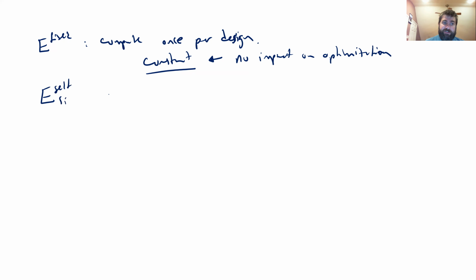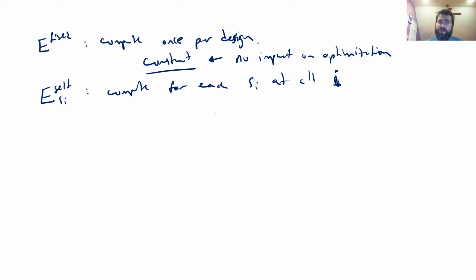The self energies we need to compute for each S_i at all positions i. How many are these?